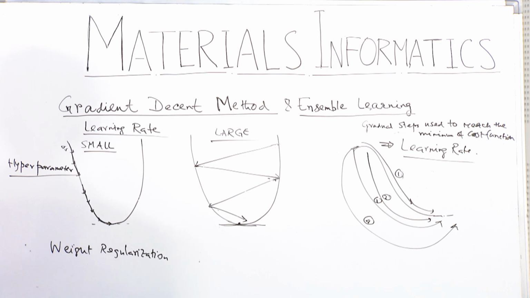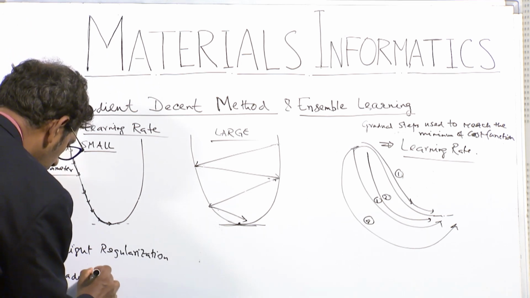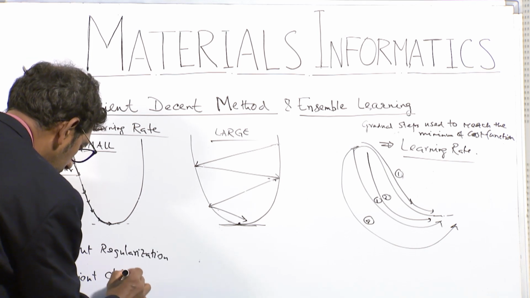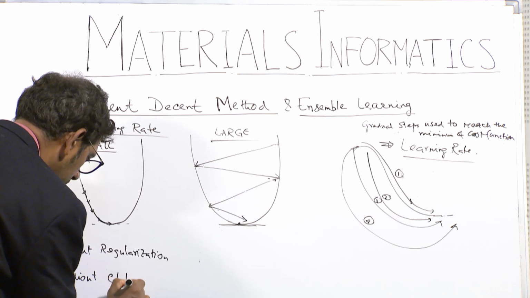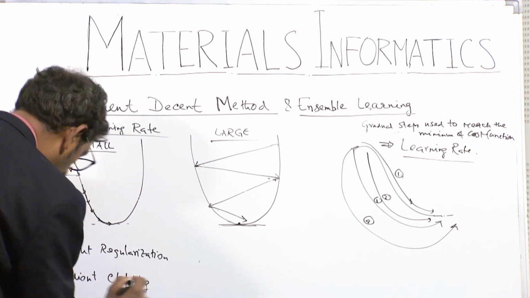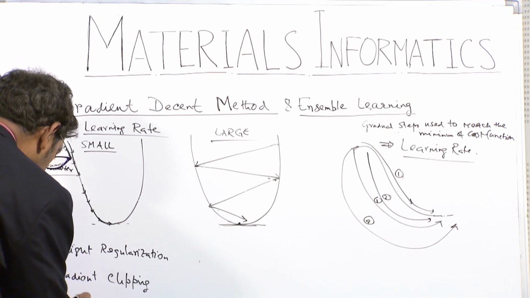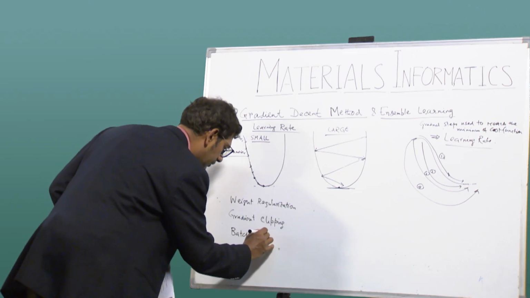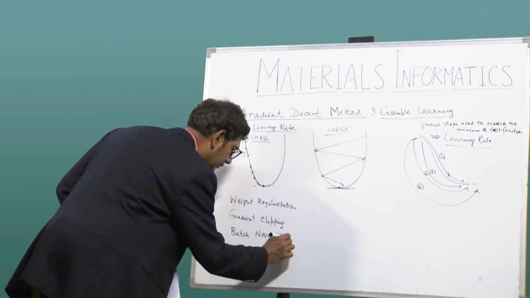Or you can use gradient clipping, or you can use batch normalization. These three techniques are used for the optimum step size.